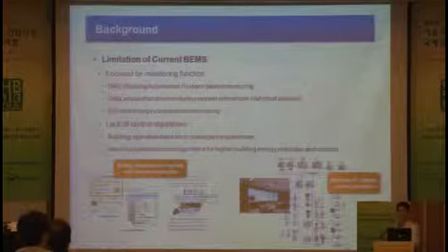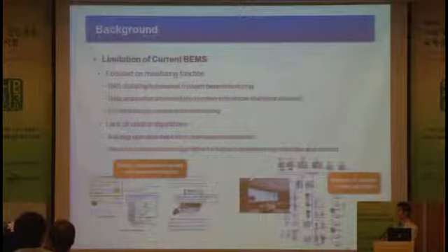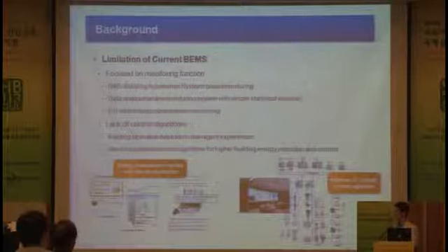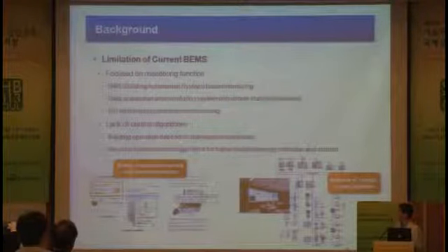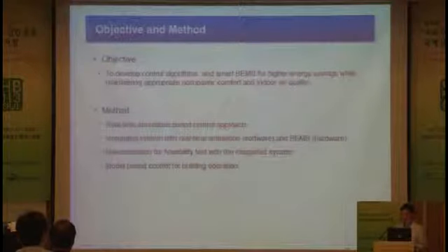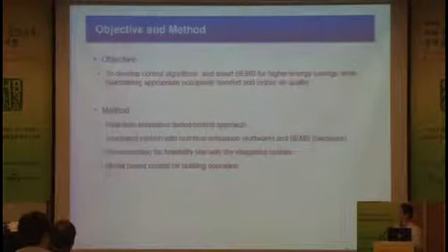But to do that, we have to connect this information with actual hardware control systems. Also, we lack optimal control algorithms. So the research topic in this paper is about control algorithms for BAMS and simulation technologies.